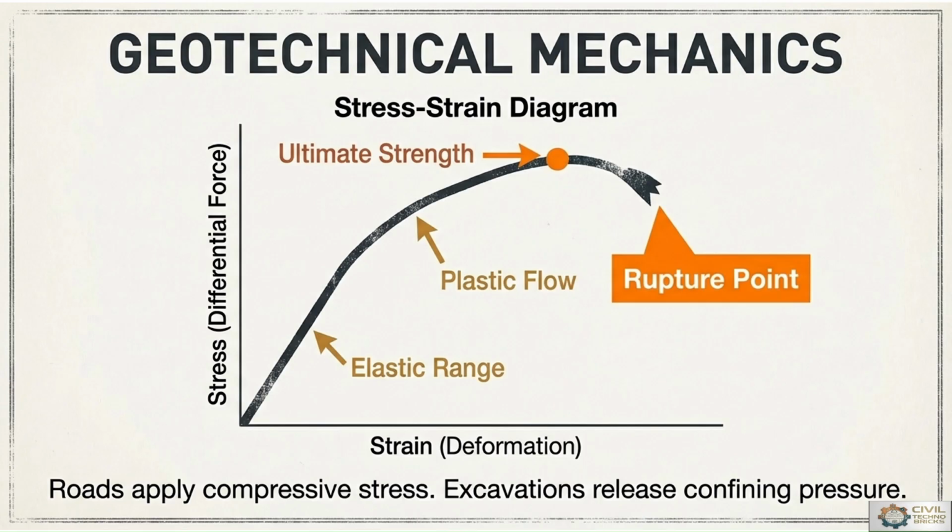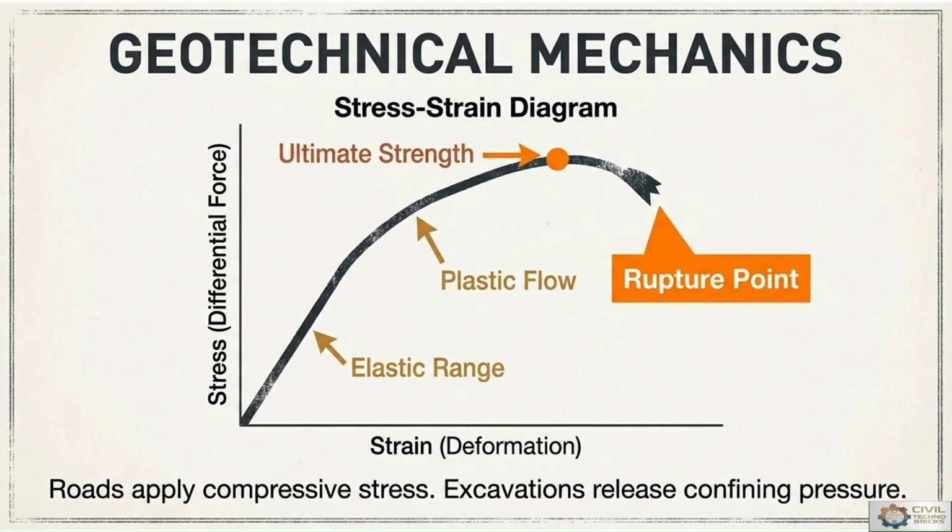After imposing a large amount of force at the same time with reference to its bearing capacity, it may get deformed, and that deformation goes through the elastic range, plastic flow, ultimate strength and rupture point at the end.